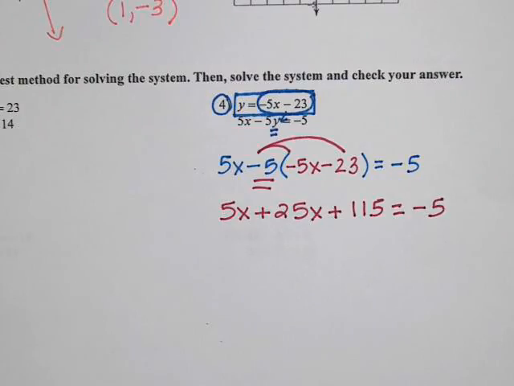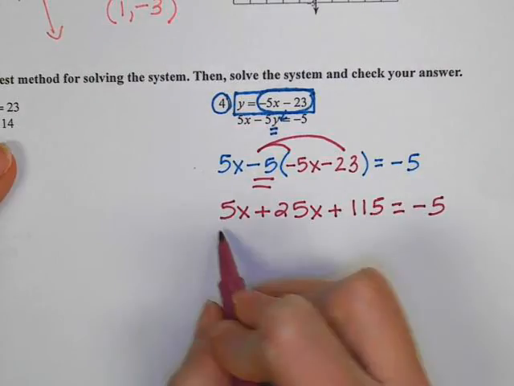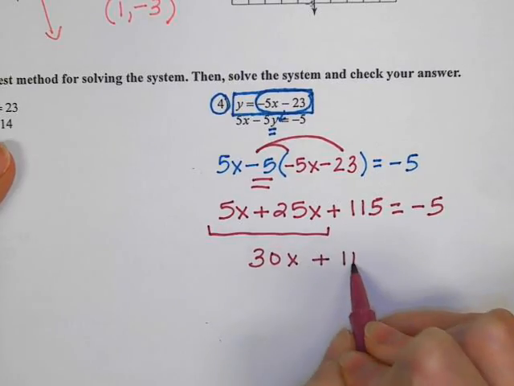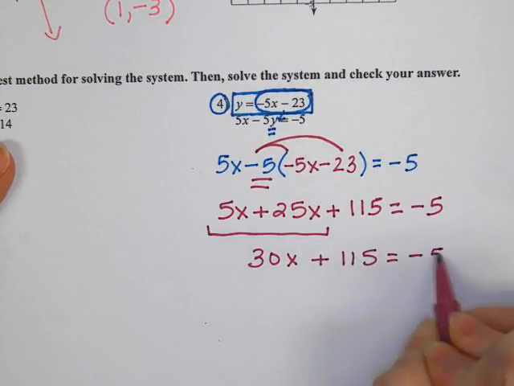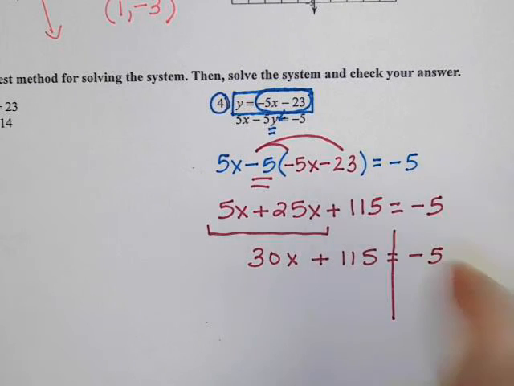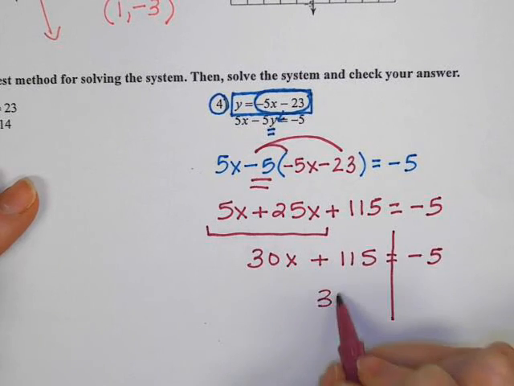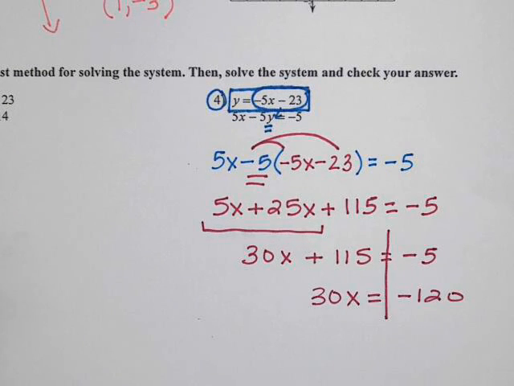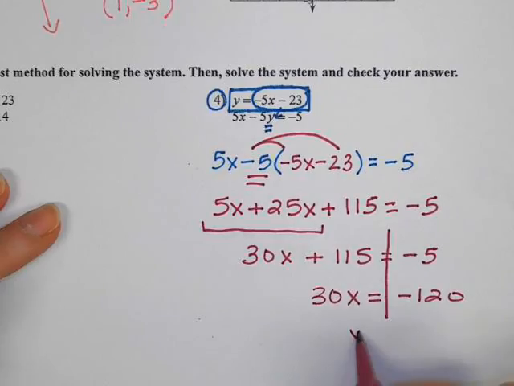And we're going to add like terms. 5x plus 25x is 30x plus 115 equals -5. And then we're going to draw the wall and finish up. So -115 minus 115, we get 30x equals -120. Divide by 30, x equals -4.